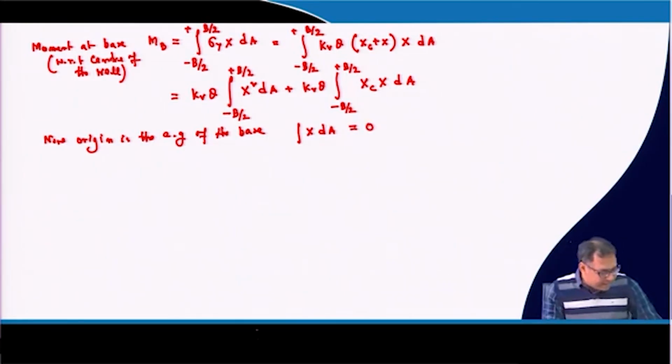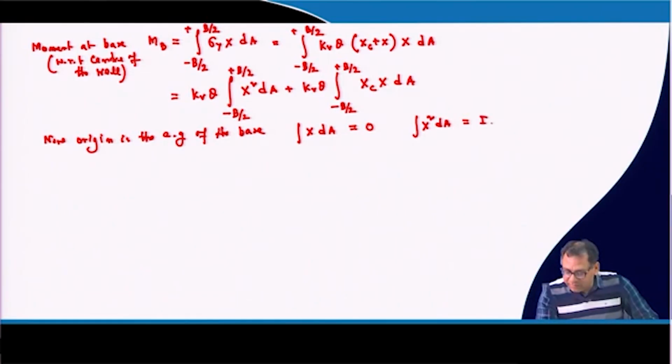And we can write that x square dA will be equal to IB.